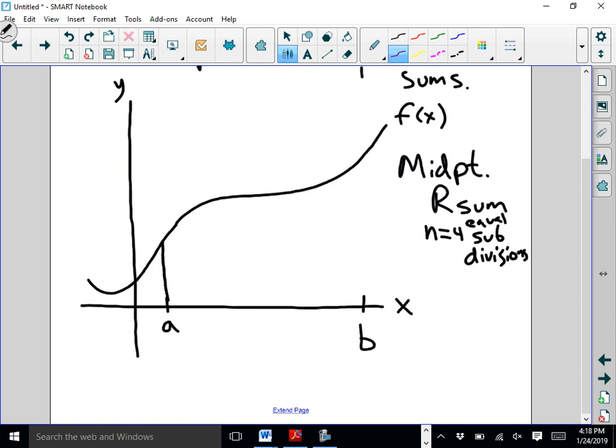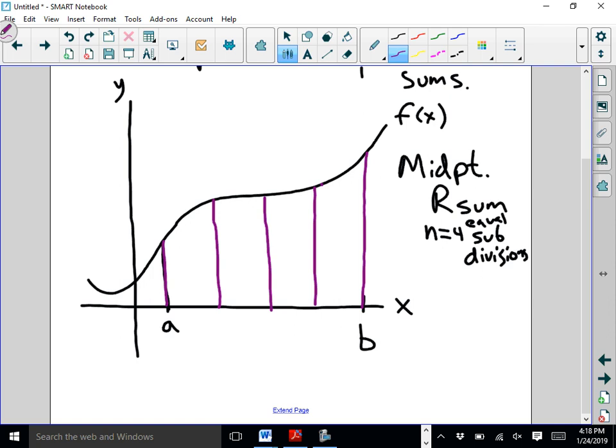There we go. Okay. So there are my 4 subdivisions, my 4 bases of rectangles.